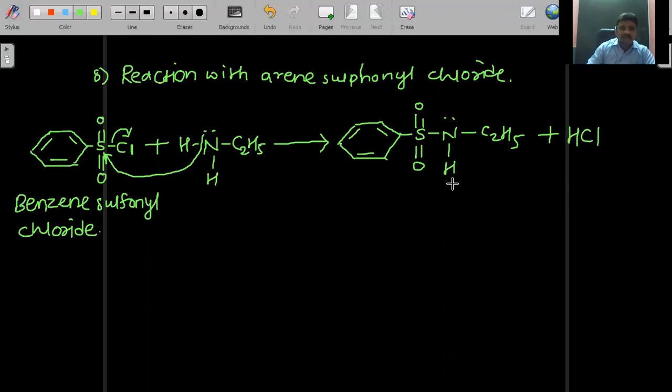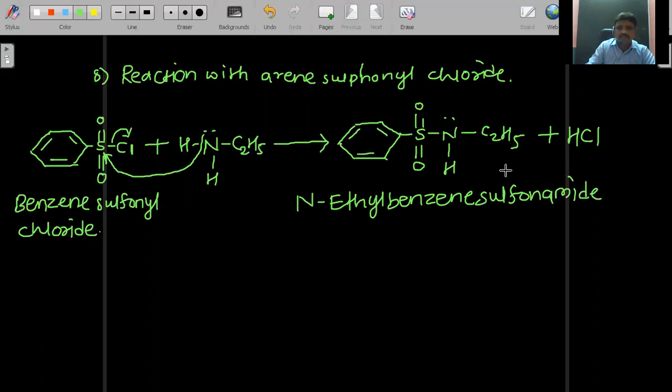So name of this compound is N-ethyl benzene sulfonamide. This is the name for the compound.